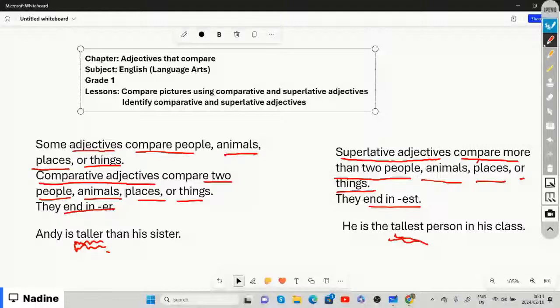And I said that when it comes to a comparative adjective, we are comparing two people, places, animals, or things, and it ends in er.